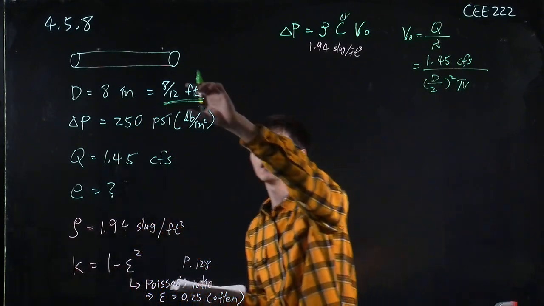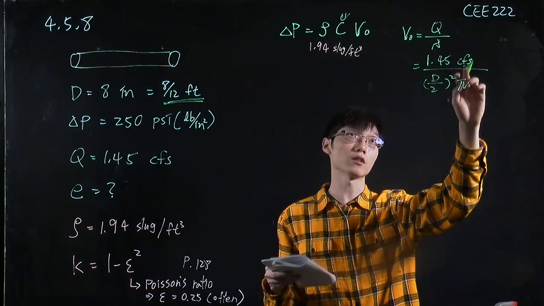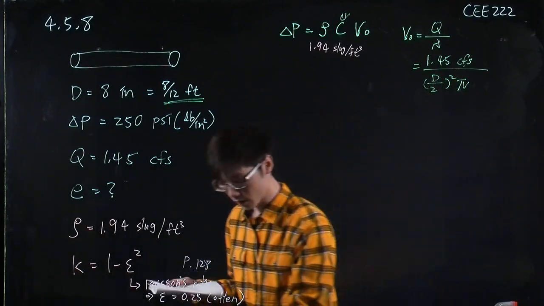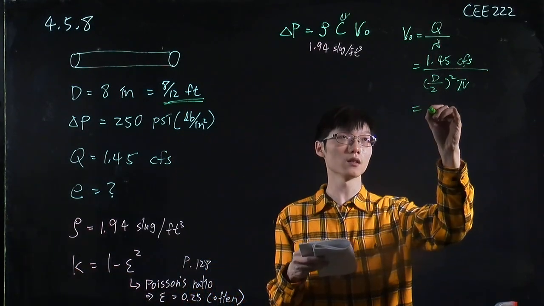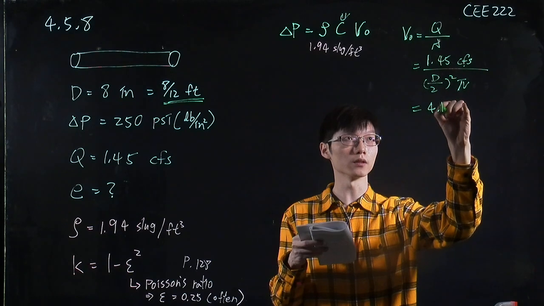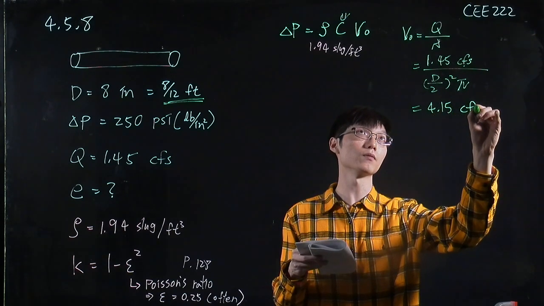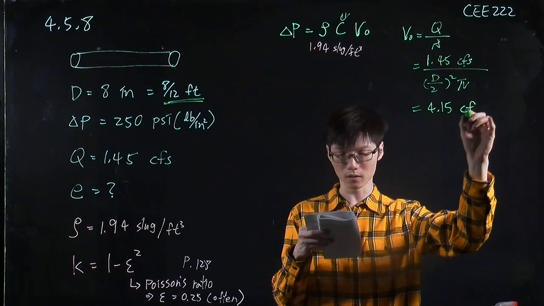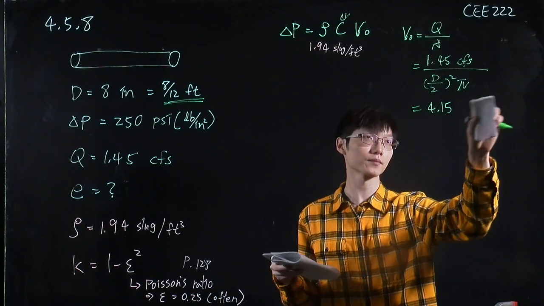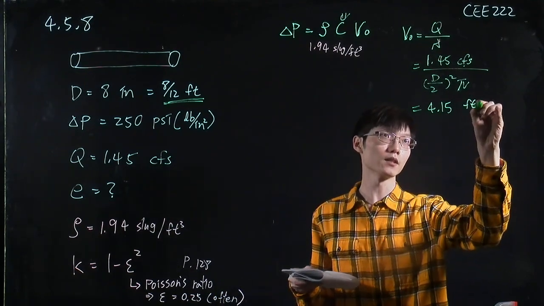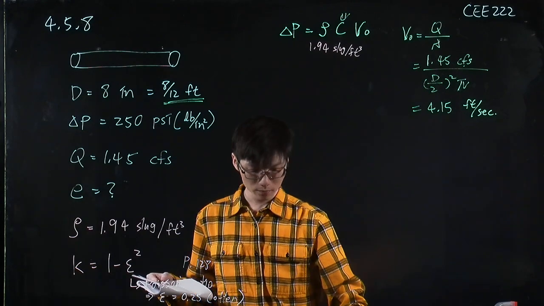We just plug this 8 over 12 into this equation, and you can calculate the velocity, which is equal to 4.15 feet per second.